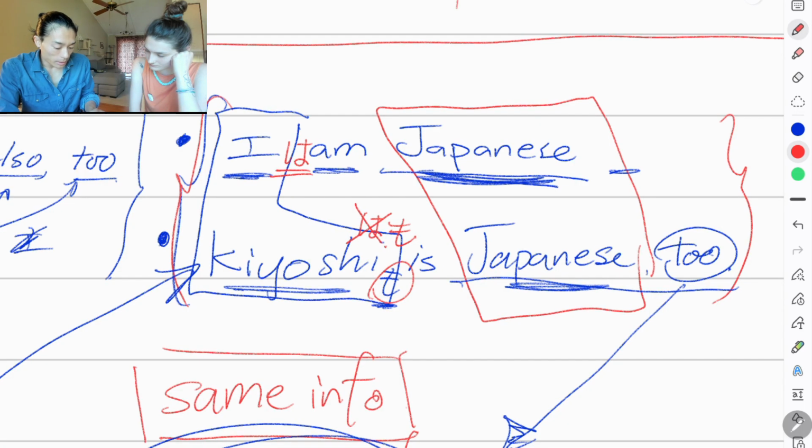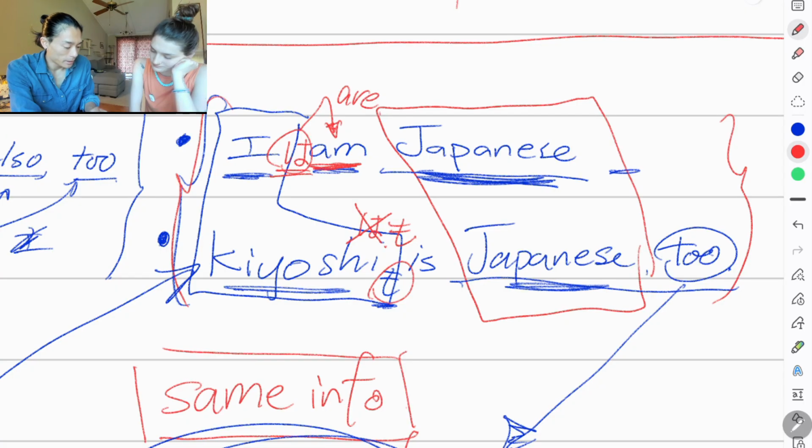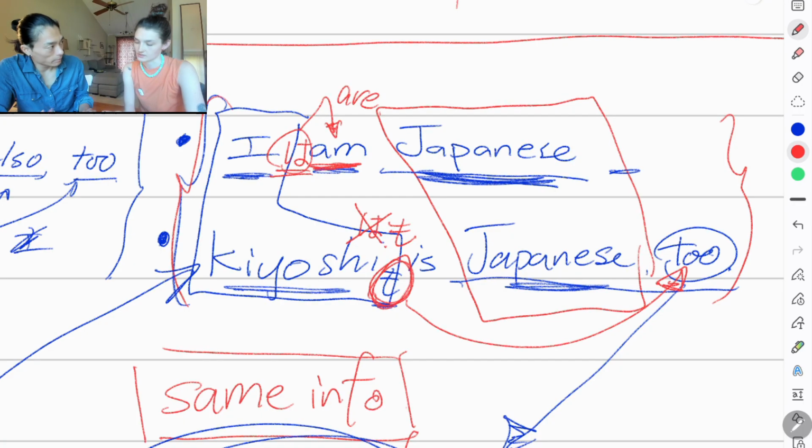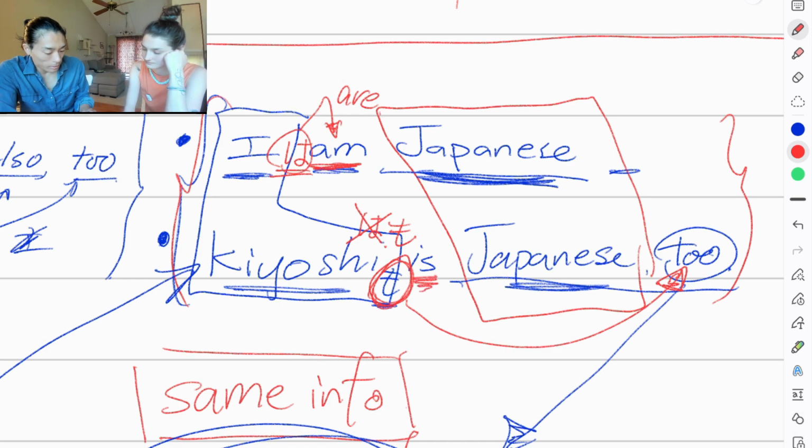What I mean is, we learned that wa functions like am, are, these things, and we also just learned that mo functions like too or also. It seems like we would have to keep wa because Kiyoshi is the A equals B sentence as well. Right. So this part, I'm going to explain.